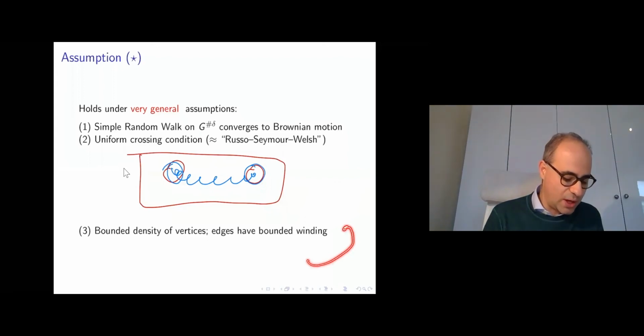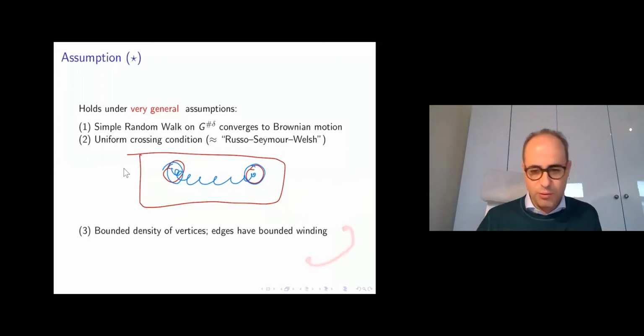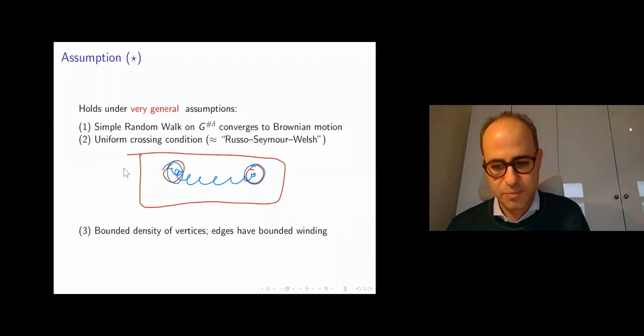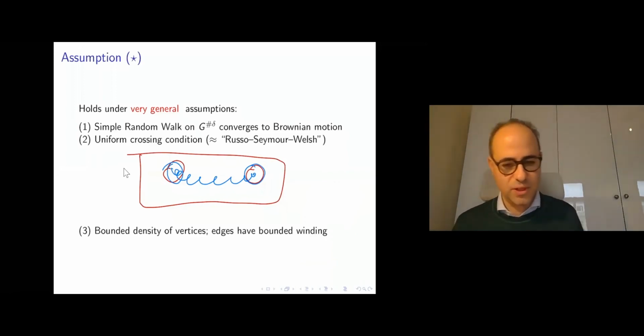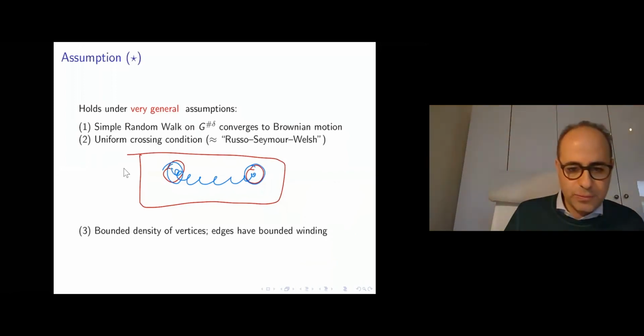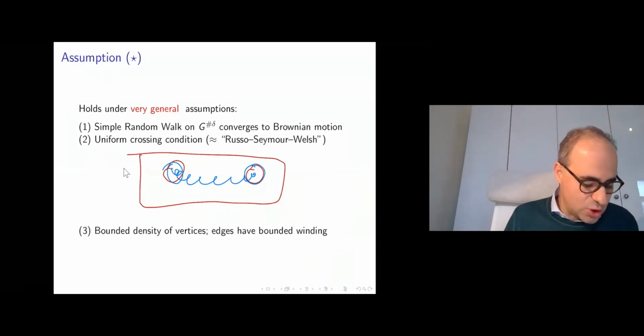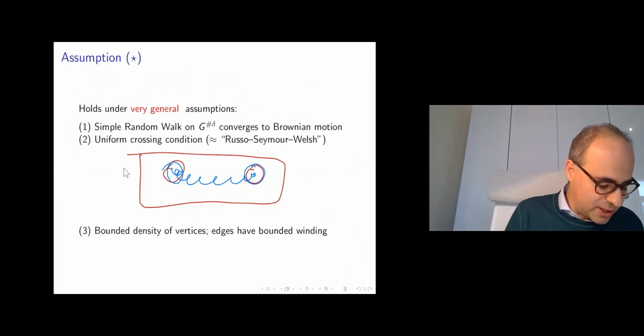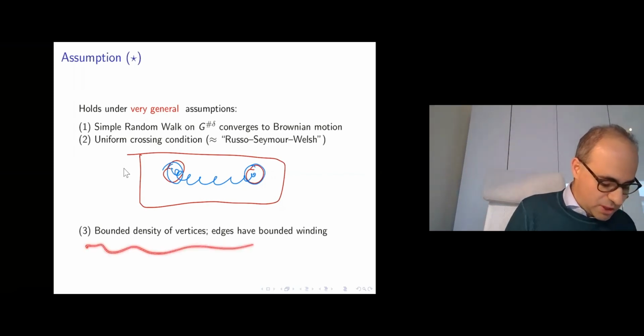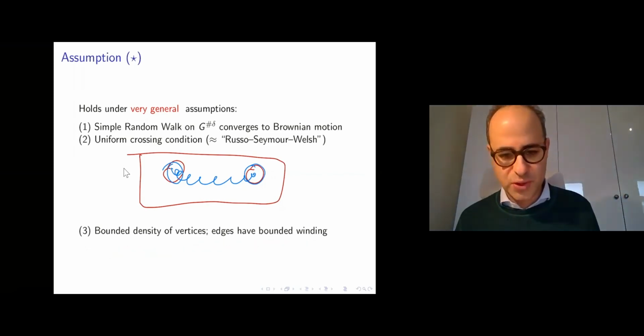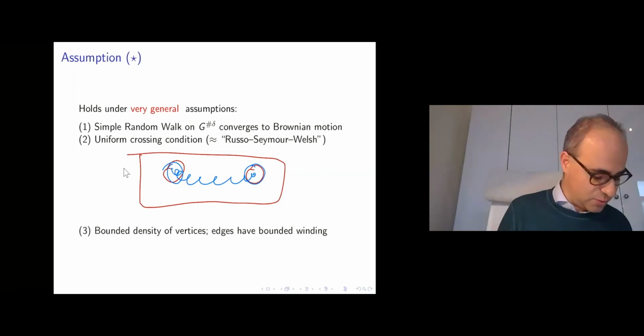Remember, the edges don't have to be straight, but I require them to have bounded winding, so they cannot wind around infinitely often. So I think that makes the assumptions basically as general as one can hope. Roughly speaking, maybe this one here is more for convenience than is really needed.